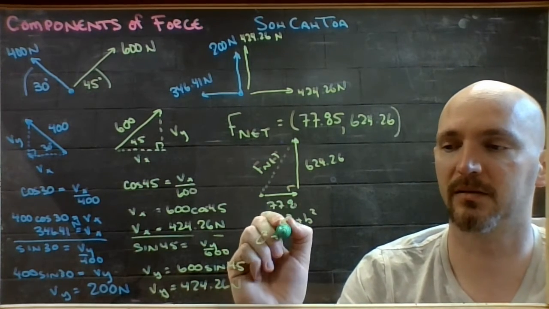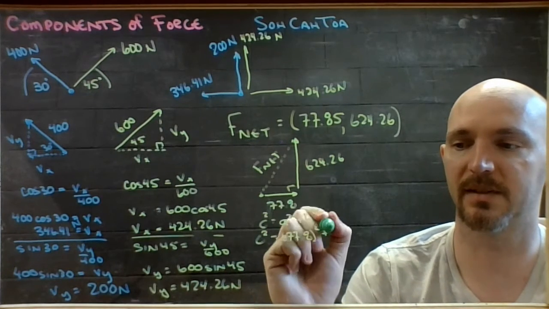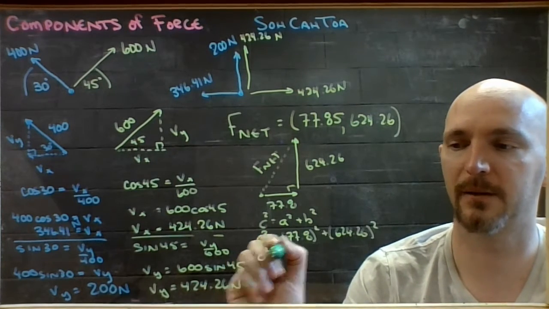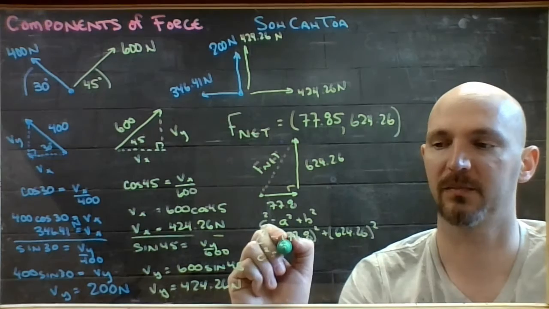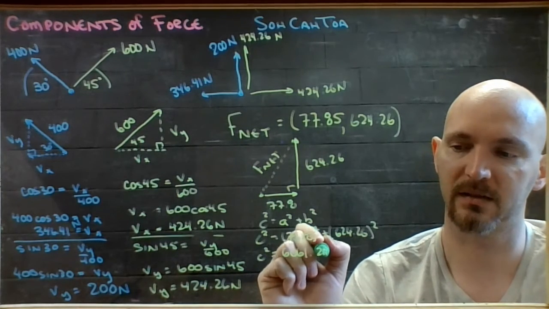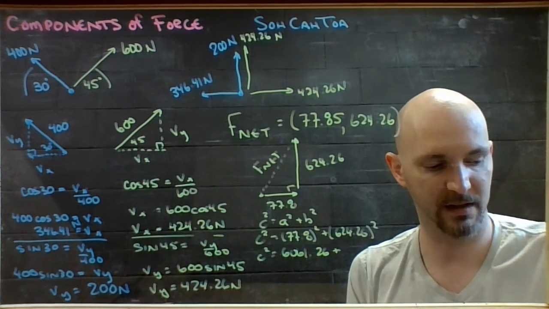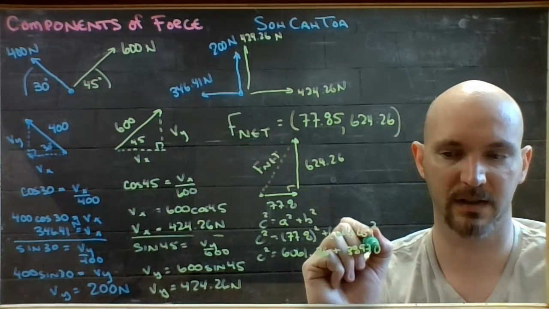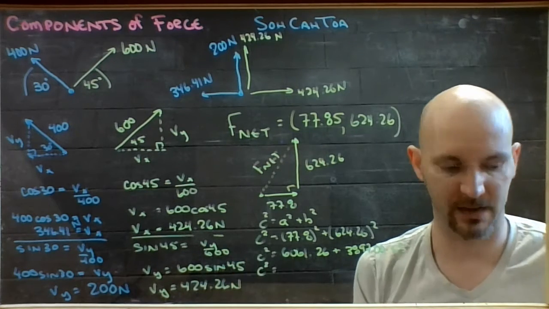So my legs are 77.85 squared plus 624.26 squared. 77.85 times itself gives me 6061.26, and 624.26 squared gives me, oh goodness, 389,albeit 3897.55.